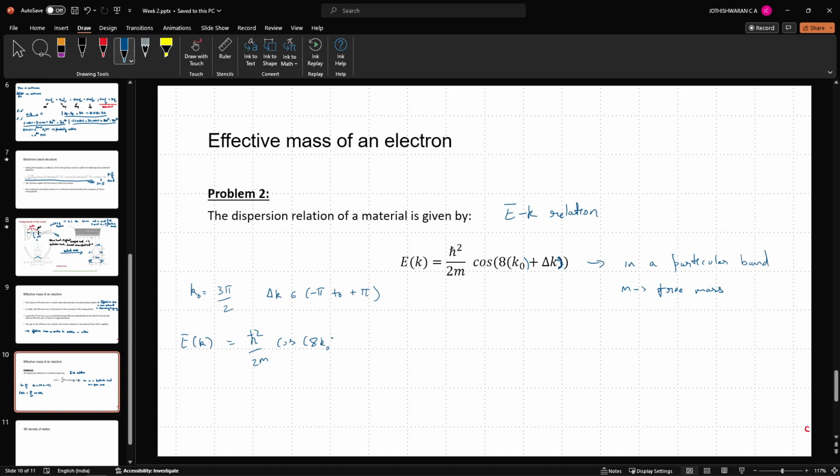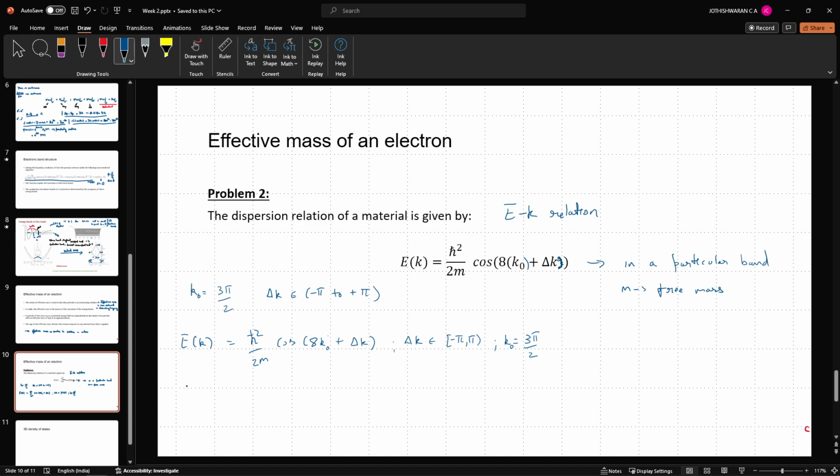I will make the appropriate corrections in the final version of the slide. Okay, cos 8 (k naught plus delta k), where I'm saying that delta k belongs to minus pi to pi, and k naught is equal to 3 pi by 2. Okay, so now this is the dispersion relation.